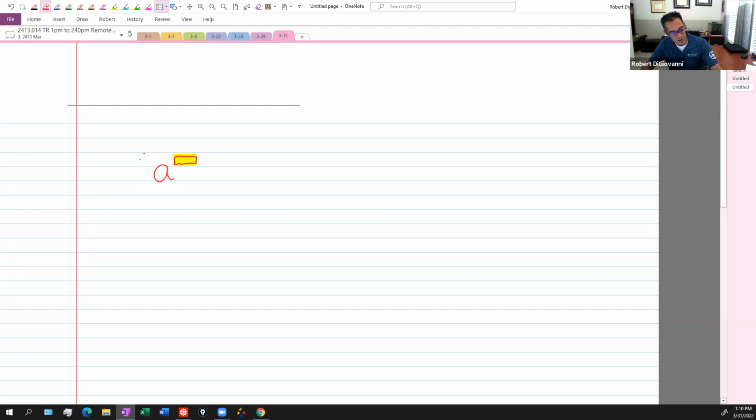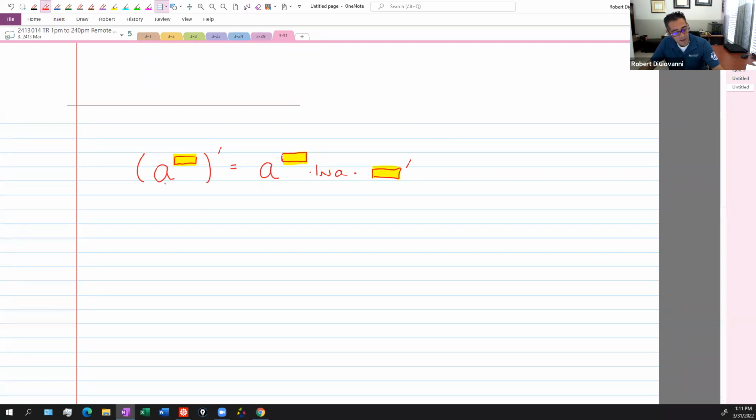If we want to take the derivative of this, then what you're going to have to do is write a to that same whatever's up there times natural log of a, and then multiply that times the derivative of whatever was up in the exponent. So you basically rewrite the exact same expression, put natural log of a, and then you have to take the derivative of what was up here.